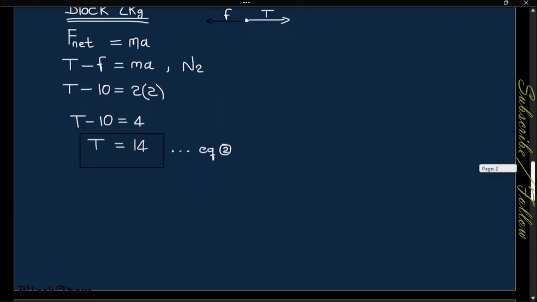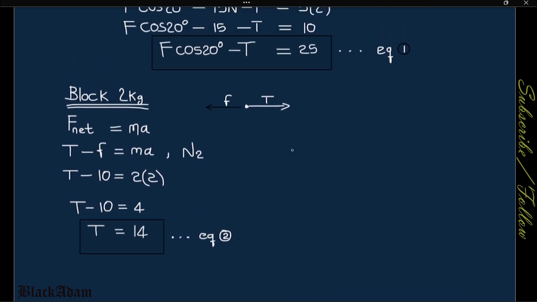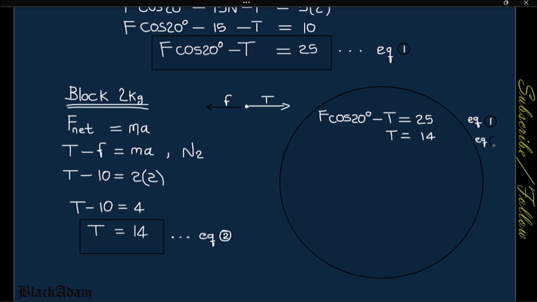From equation 2, we now collect all the facts we have. First equation: F cos 20 degrees minus T is equal to 25, from equation 1, and then T is equal to 14, which is equation 2.